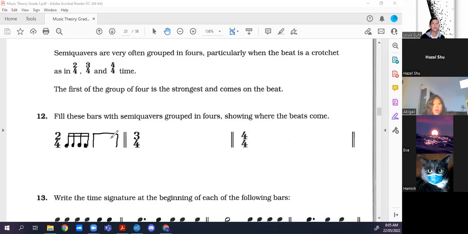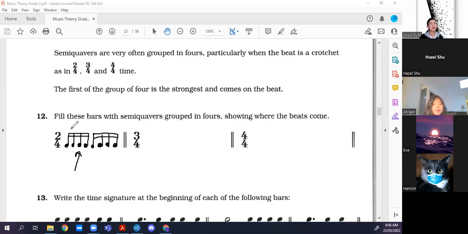Okay, and then if we just fill the 2/4 with semiquavers, 4 semiquavers to a crotchet: 1, 2, 3, and 4. Okay, let's count the beats.